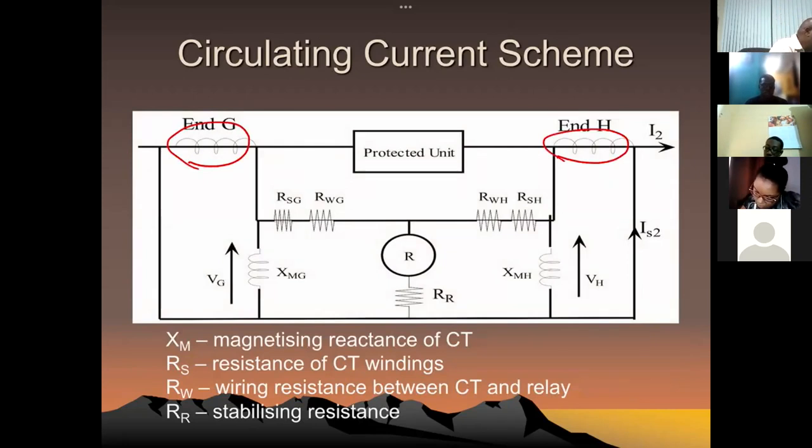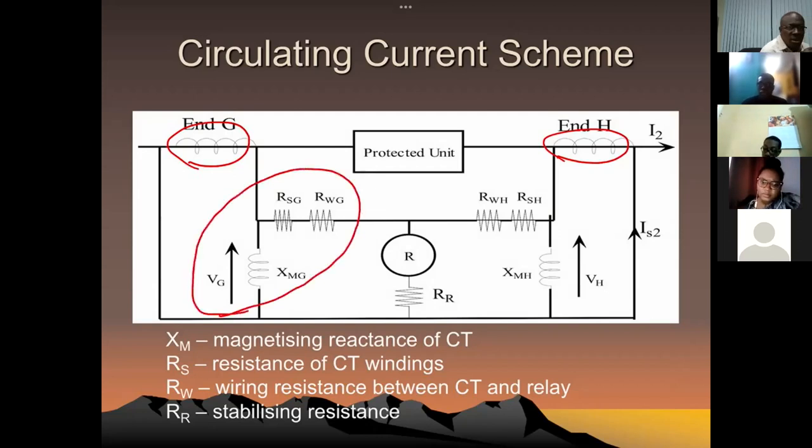What all of this represents is the secondary side of your CT. So this would represent the excitation winding. And we are just showing the X since X is much larger than R for the winding of your CT.